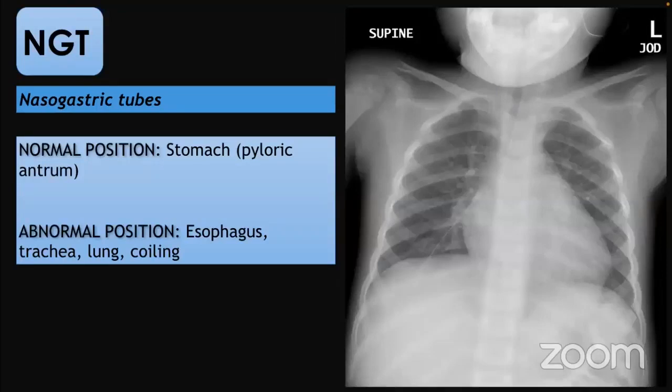Here we have a malpositioned nasogastric tube, which is seen going down through the main right bronchus.